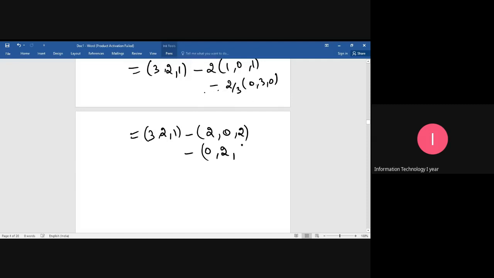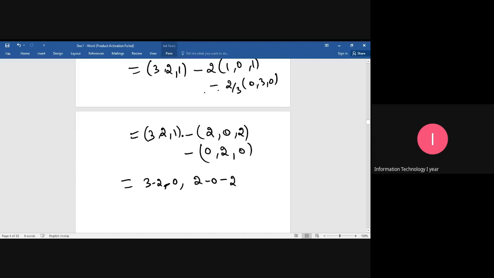Then the last value is also 0. Therefore, take its subtraction. First element: 3 minus 2 minus 0. Now the second element: 2 minus 0 minus 2. Here it is 0, here it is minus 2.